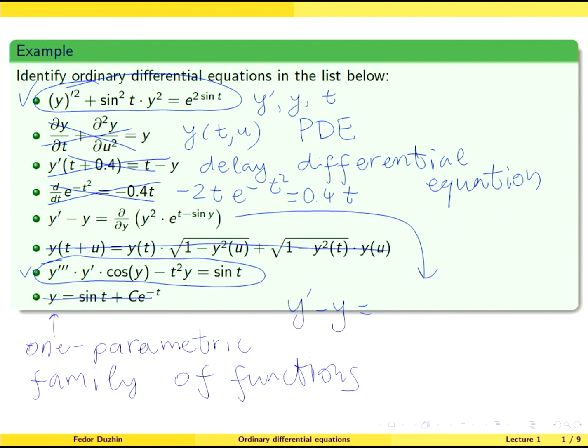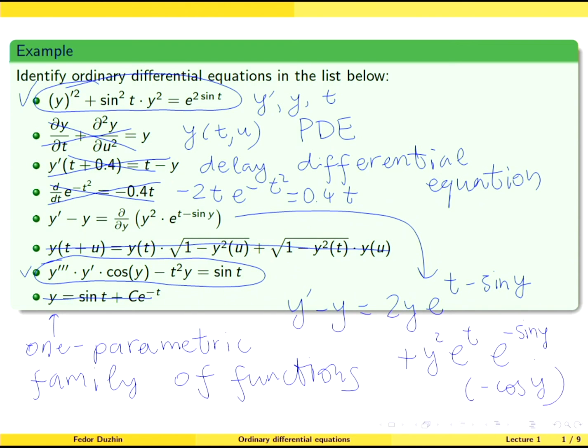The derivative is 2y times e to the t minus sine y plus y squared times the derivative of e to the t minus sine y. E to the t is a constant with respect to y, so we can take it out. Then we differentiate e to the minus sine y. The derivative is e to the minus sine y times the derivative of minus sine y, which is minus cosine y.